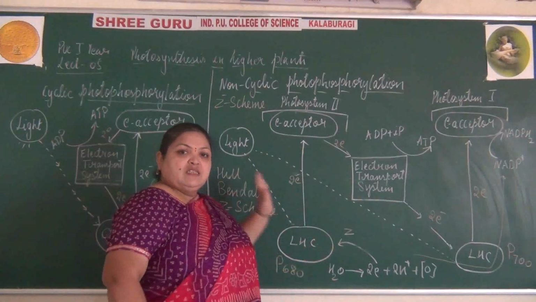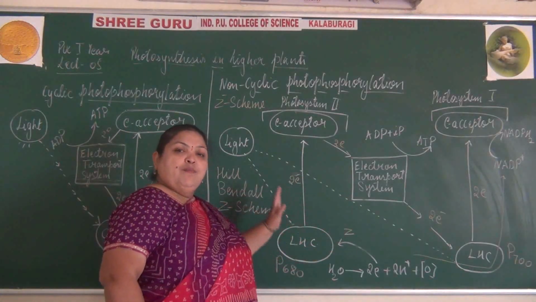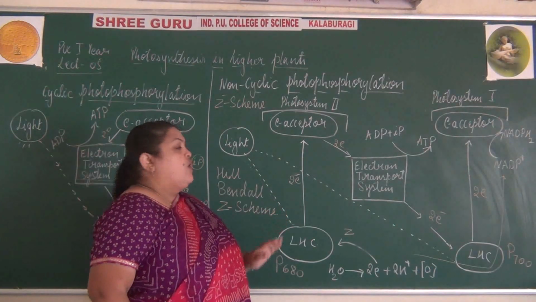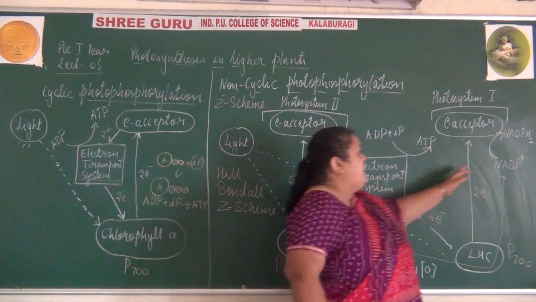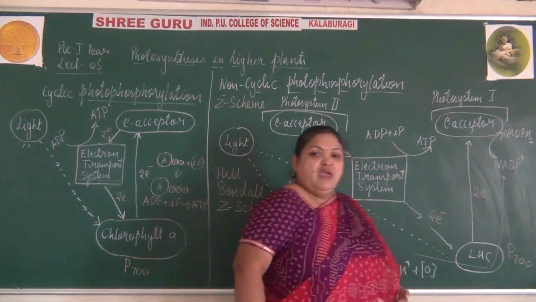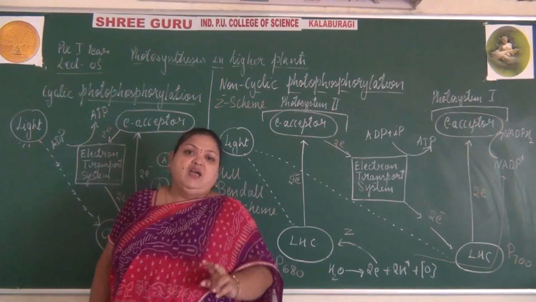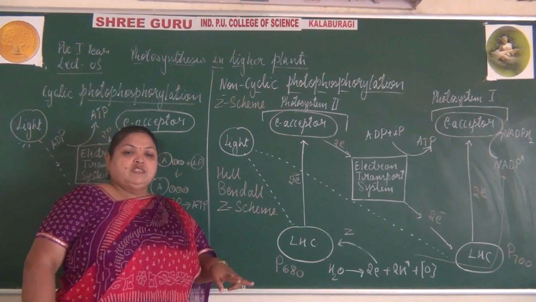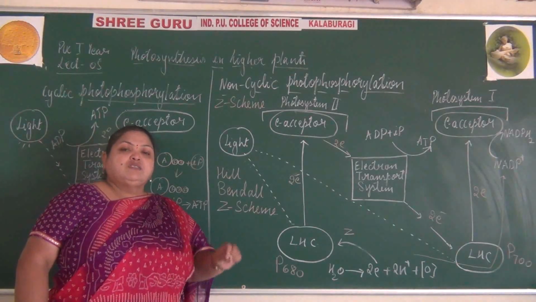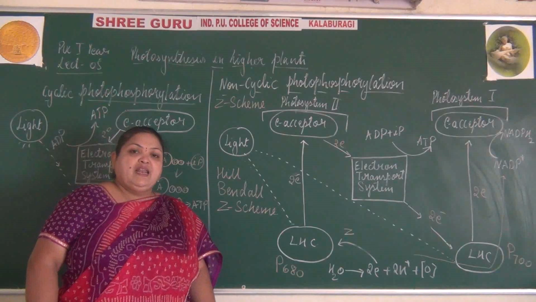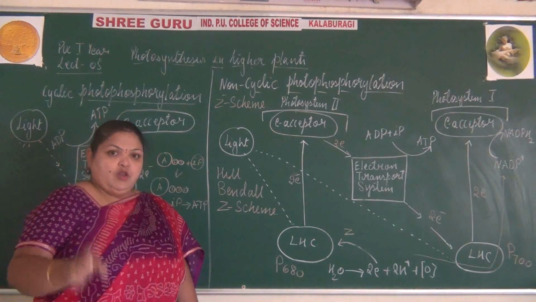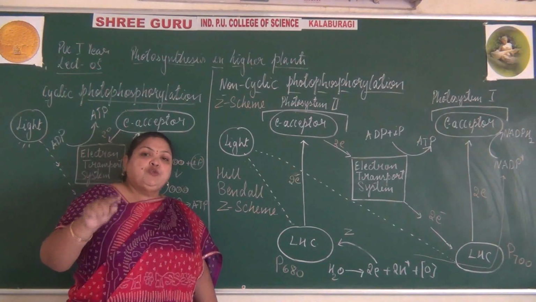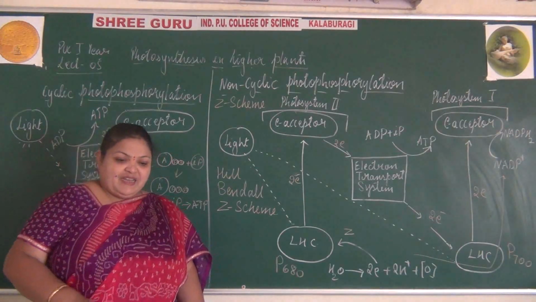During all these processes, this process helps in the synthesis of ATP and NADPH2. So both the phosphorylation reactions, cyclic and non-cyclic, help in the synthesis of ATP and NADPH2 molecules, which are the products that are utilized during the dark reaction.